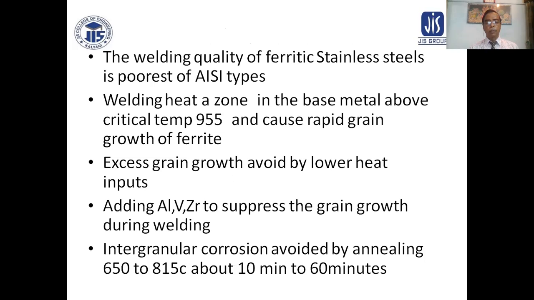Adding aluminum, vanadium, zirconium suppresses grain growth during welding. Intergranular corrosion is avoided by annealing at 650 to 800 degrees Celsius, about 10 minutes to 60 minutes.